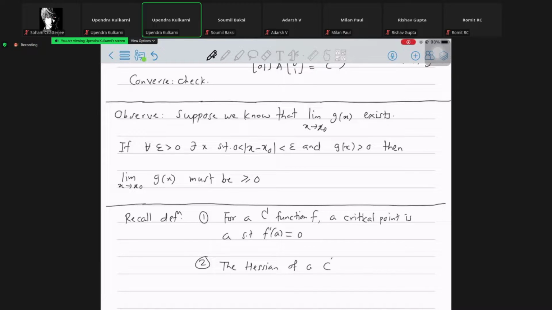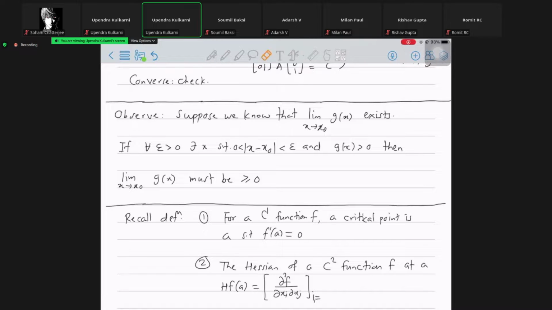And the second one is the Hessian of a C2 function f at a, which is Hf of a, equal to the matrix of its second partial derivatives, that is, del 2f by del xi del xj, this matrix with i and j going from 1 to n.